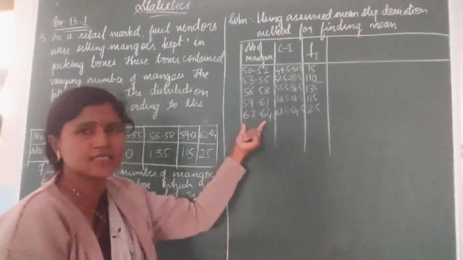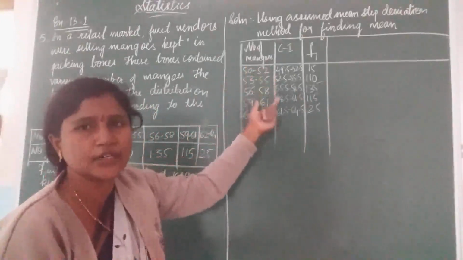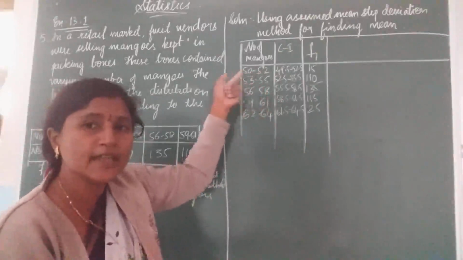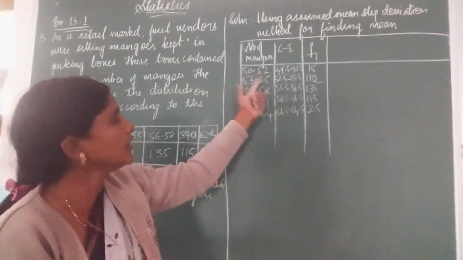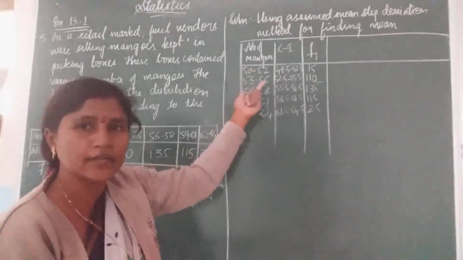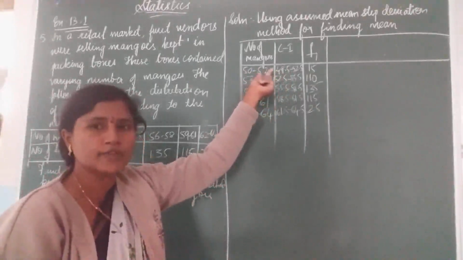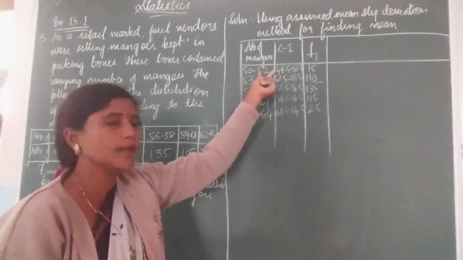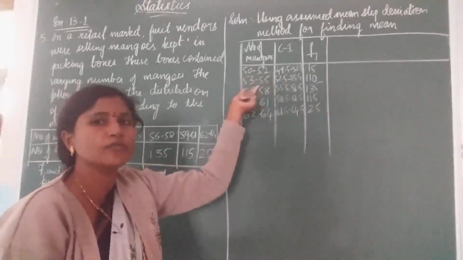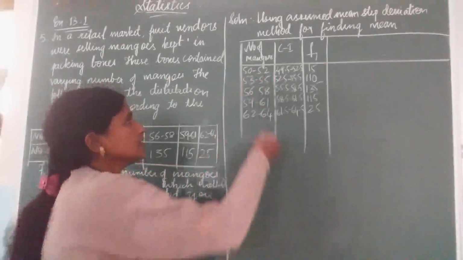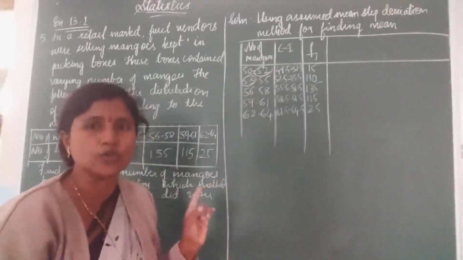Now, the class intervals here are not continuous. For example, 50 to 52, and the next class interval is 53 to 55. So what do we have to do? Take the upper limit of the first class interval and the lower limit of the second class interval: 53 minus 52 is 1. That is the difference between the two.